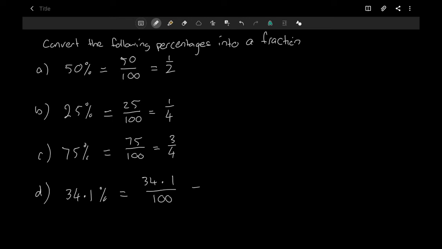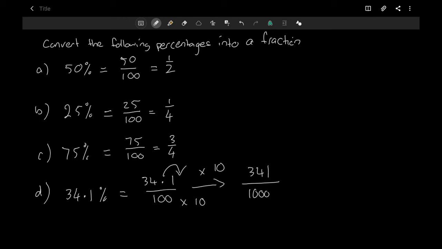And how do we do that? Well, we simply multiply the numerator, that is 34.1, by a factor of 10. And as you know, when you multiply any number by 10, you move the decimal to the right one spot. So 34.1 becomes 341. Now, as you've multiplied the numerator by 10, you also need to multiply the denominator by 10. So the denominator becomes 100 times 10, which, as you know, is 1000.